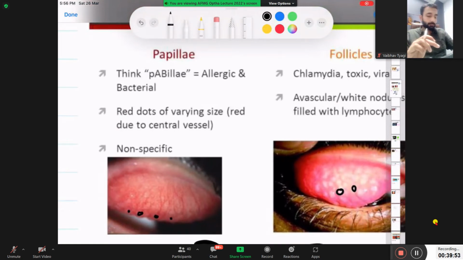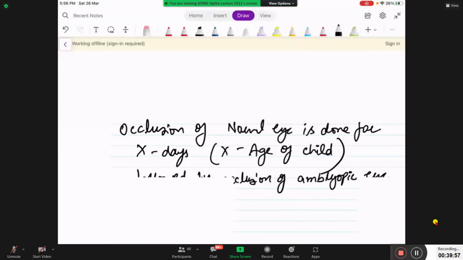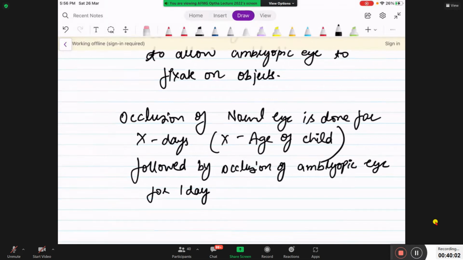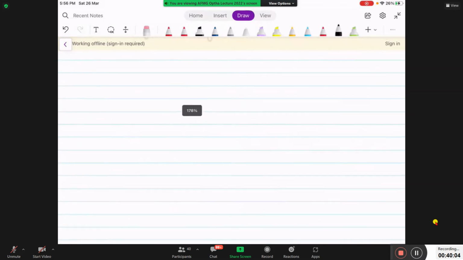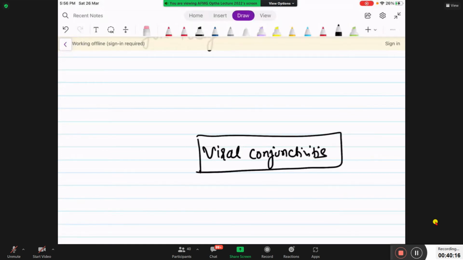Yes, sago-grain and trachoma also. Correct. Now write down important points about viral conjunctivitis. The most common cause of viral conjunctivitis is adenovirus.